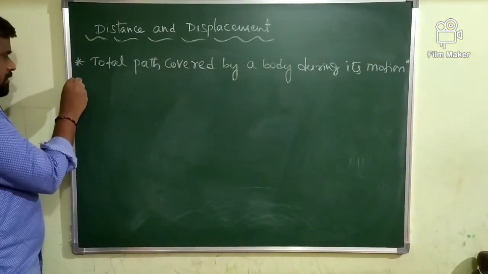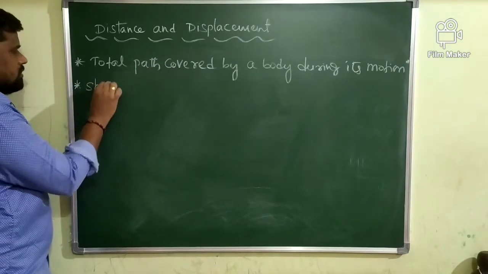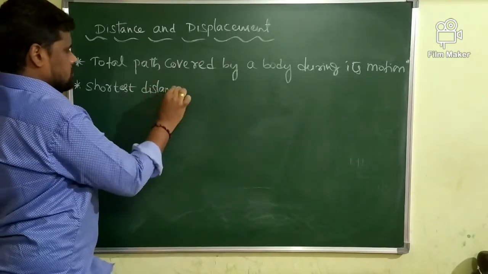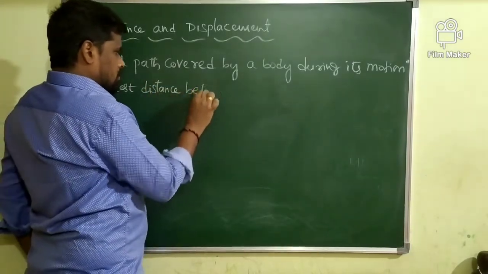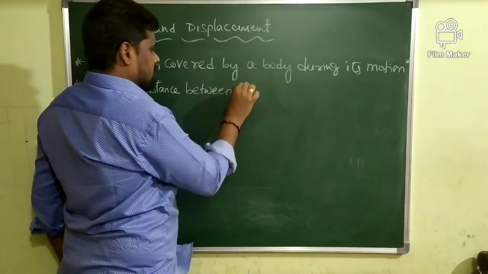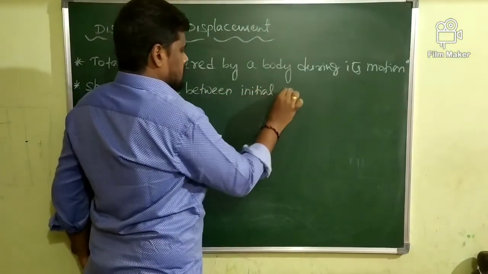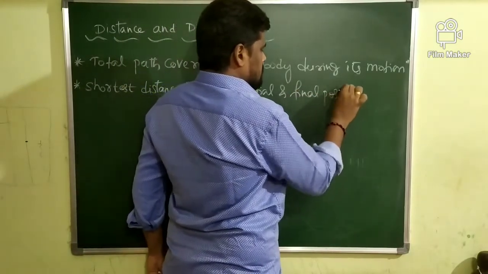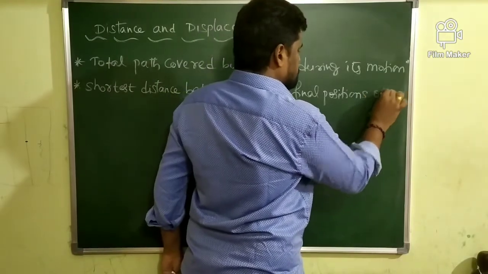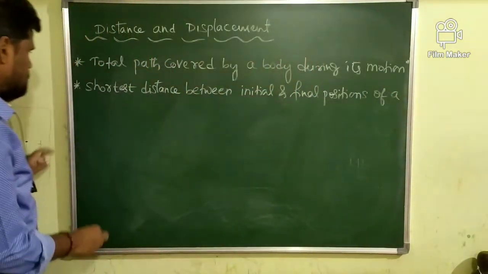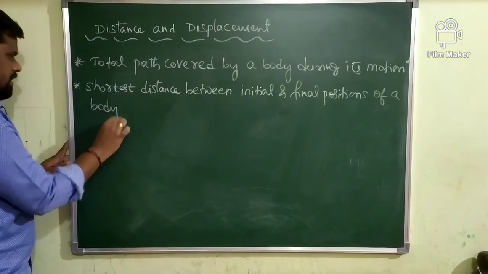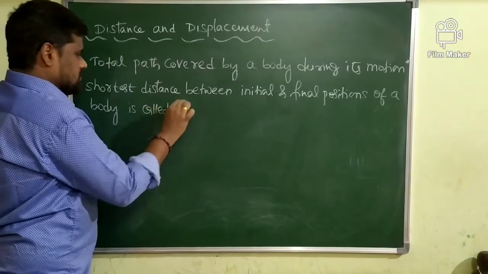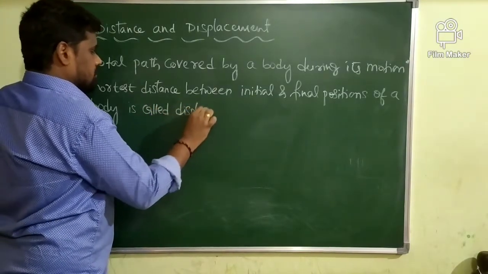Displacement is the shortest distance between initial and final positions of a body. That is called displacement.